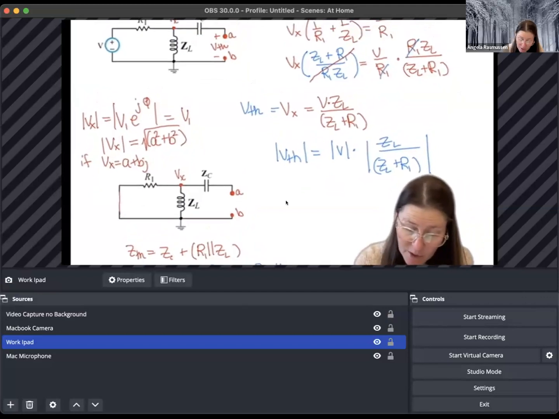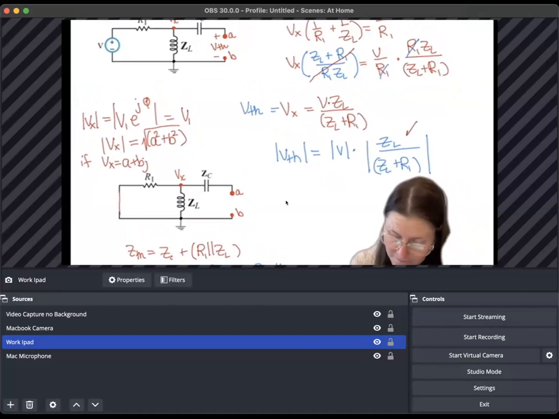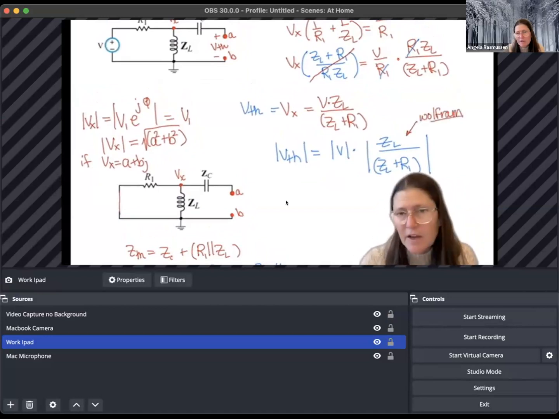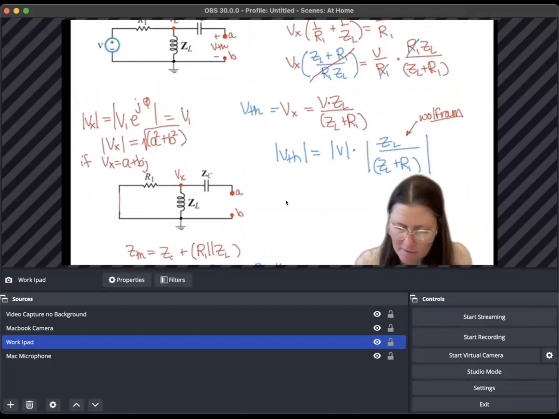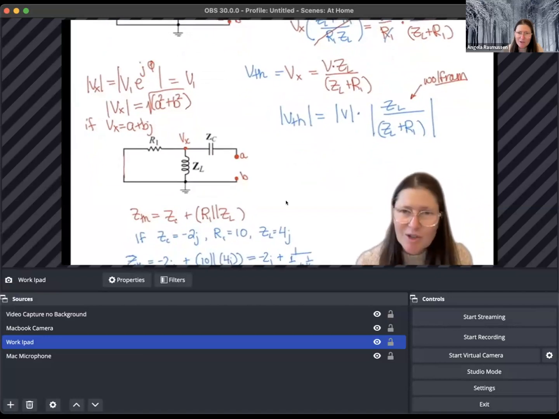Yeah, so this would be where I would use Wolfram, to get the magnitude of that. Then you just multiply the magnitudes together. So that's easier than finding the whole form of it.